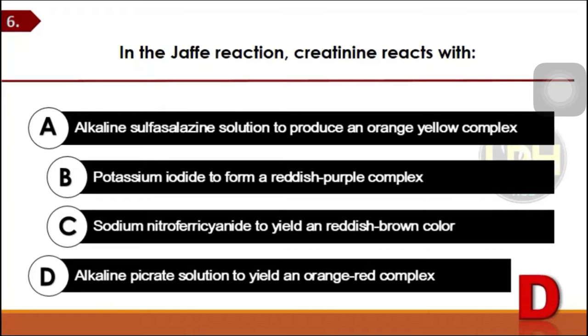Creatinine can also be measured using an amperometric electrode. However, this requires the enzymes creatininase, creatinase, and sarcosine oxidase. The last enzyme produces hydrogen peroxide from sarcosine, which is oxidized.